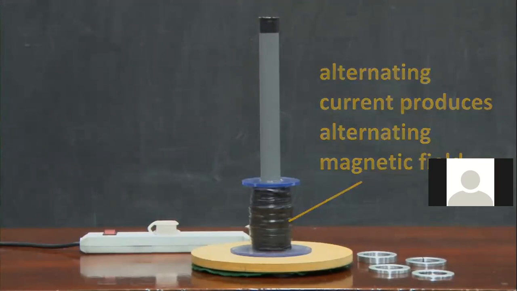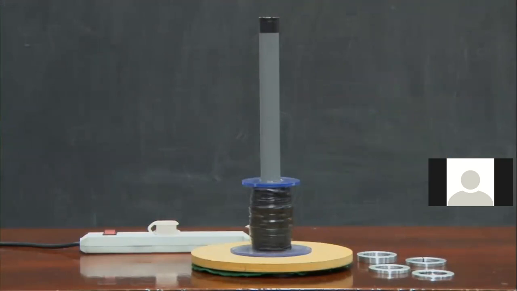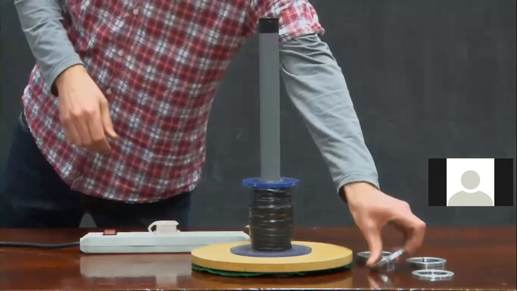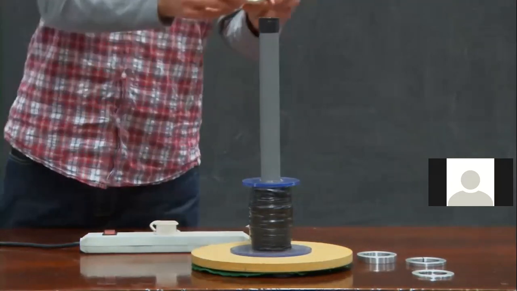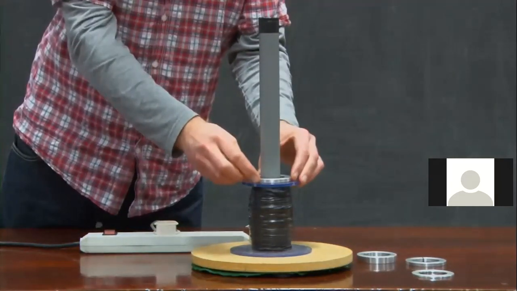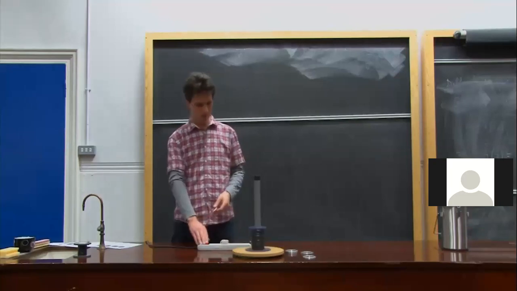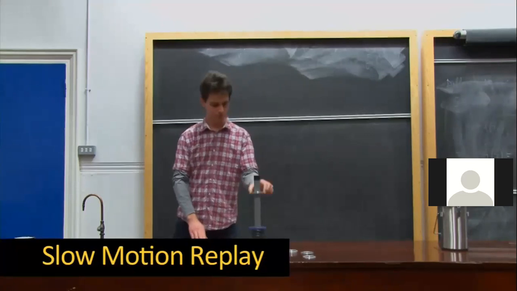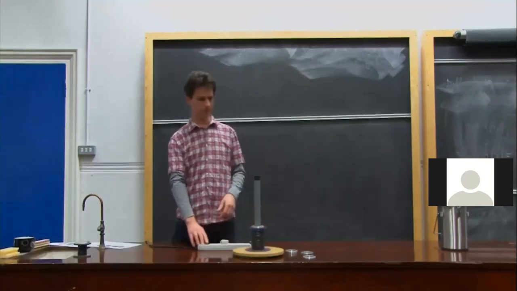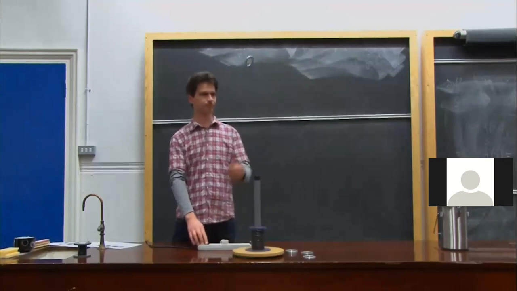Now, for a more dramatic demonstration of Faraday's law and the effect of Lenz's law. When the current is switched on, a magnetic field is produced, which produces a current flow in the aluminum ring. Like all currents, this induced current produces a magnetic field.